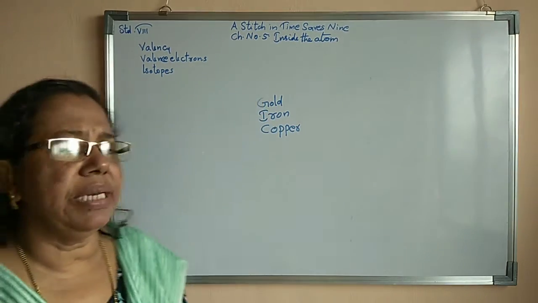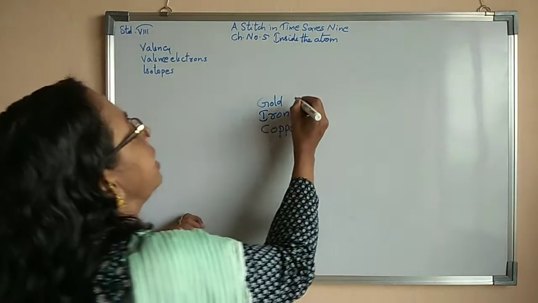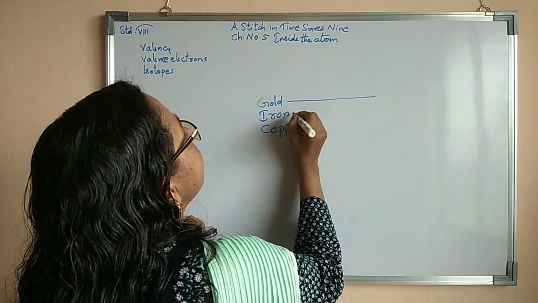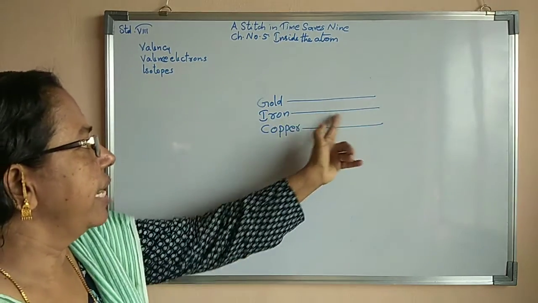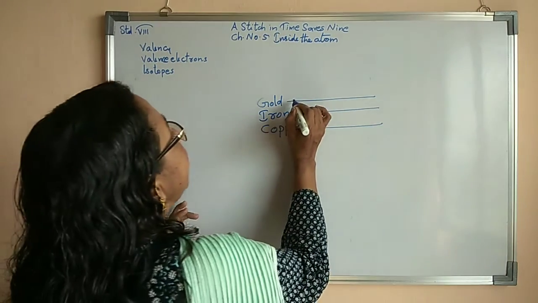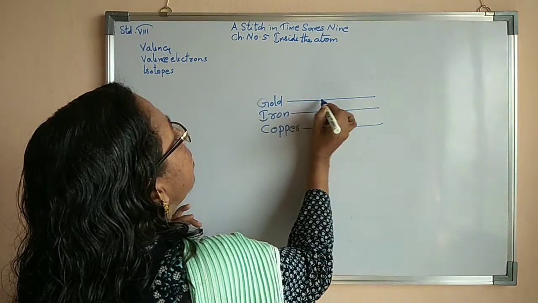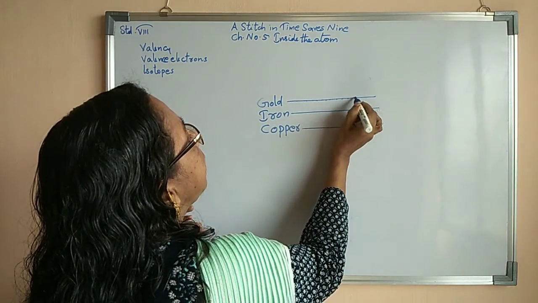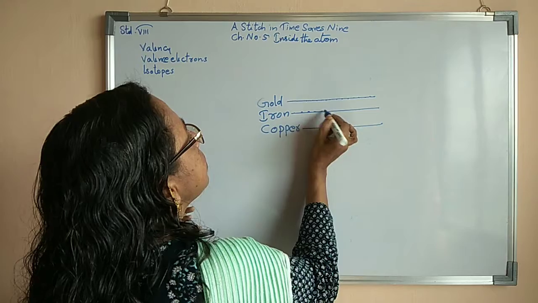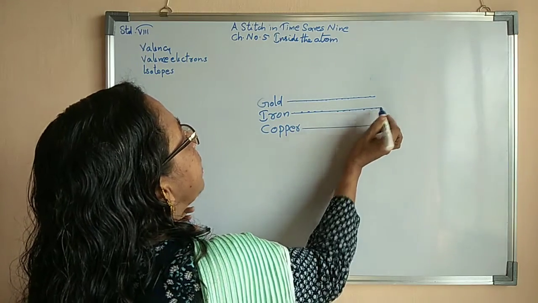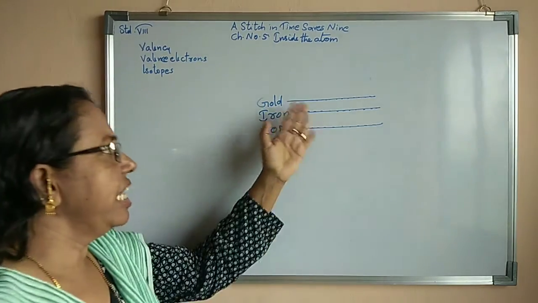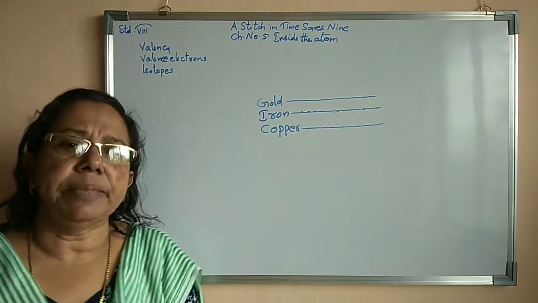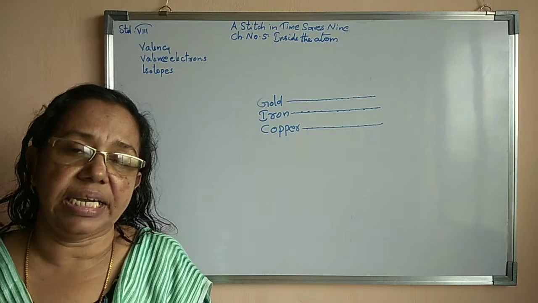So these are elements. What is their speciality? Now suppose I make a wire with each of them: a copper wire, an iron wire, a gold wire. Inside them there will be a number of atoms, and all the atoms will be alike.